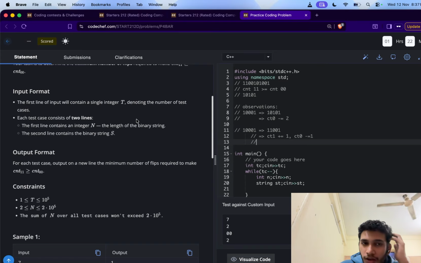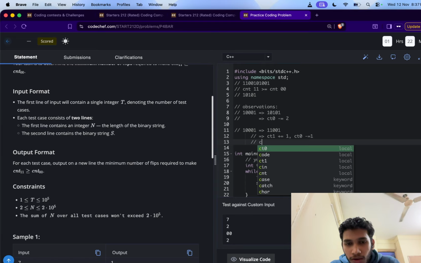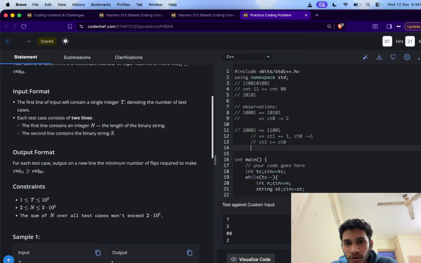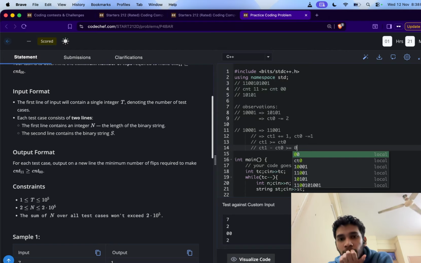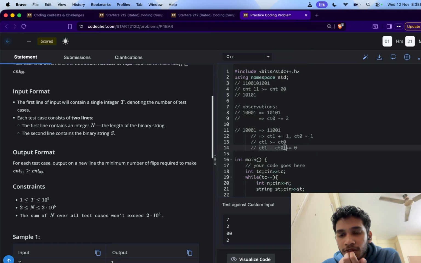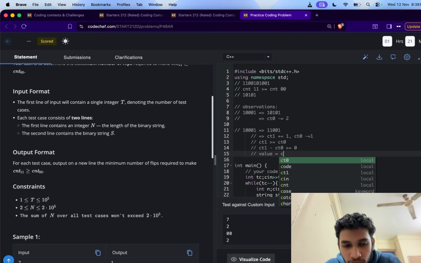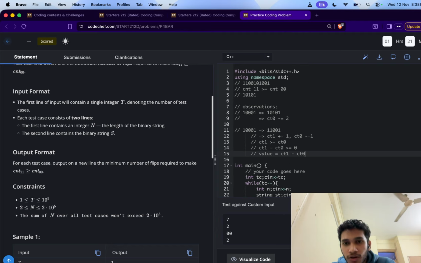What do we need? We need to make sure that CT1 is greater than or equal to CT0, or let's say CT1 minus CT0 is greater than or equal to 0. Am I correct? So value equals CT1 minus CT0. What is the change in value?